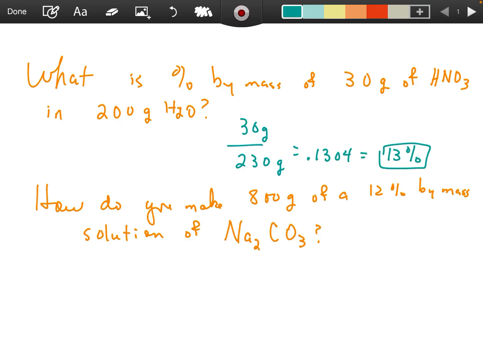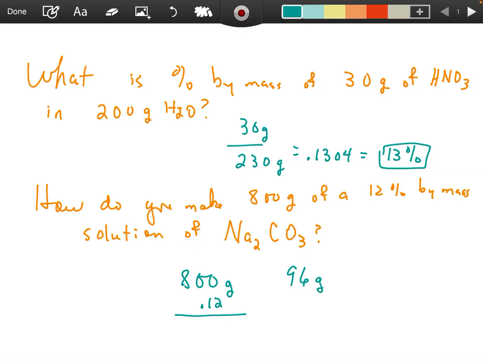How do you make 800 grams of a 12% by mass solution of Na2CO3? Well, you want 800 grams of the solution, and you know that 12% of it is Na2CO3. When you are using a percentage, you usually multiply with the percentage, but of course you have to change it to a decimal.